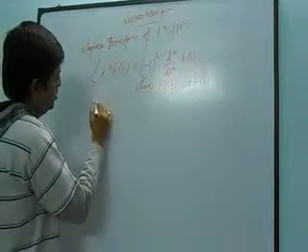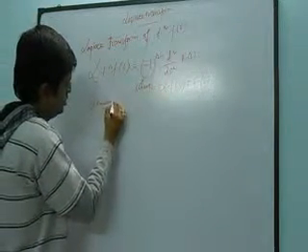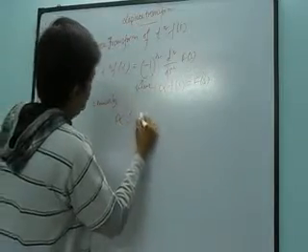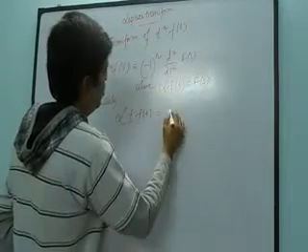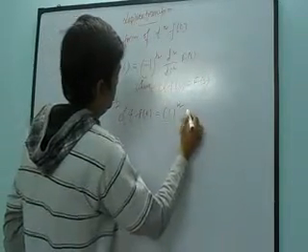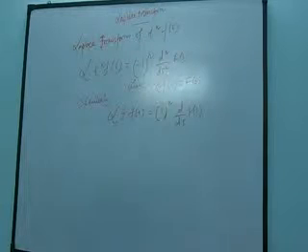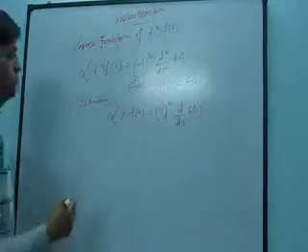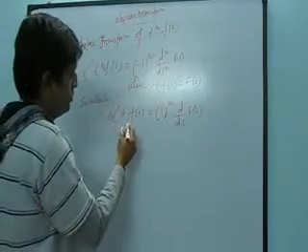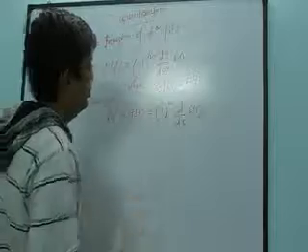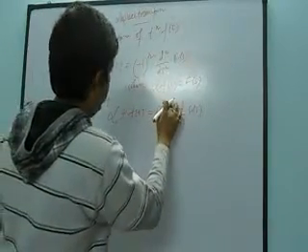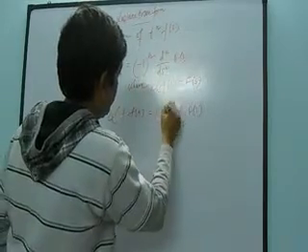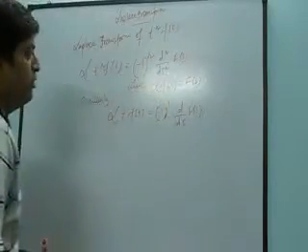Similarly, the Laplace transform of t f(t) can be found out: minus 1 whole to the power n, where n means 1 here. So minus 1 whole to the power 1 d by ds of F(s).